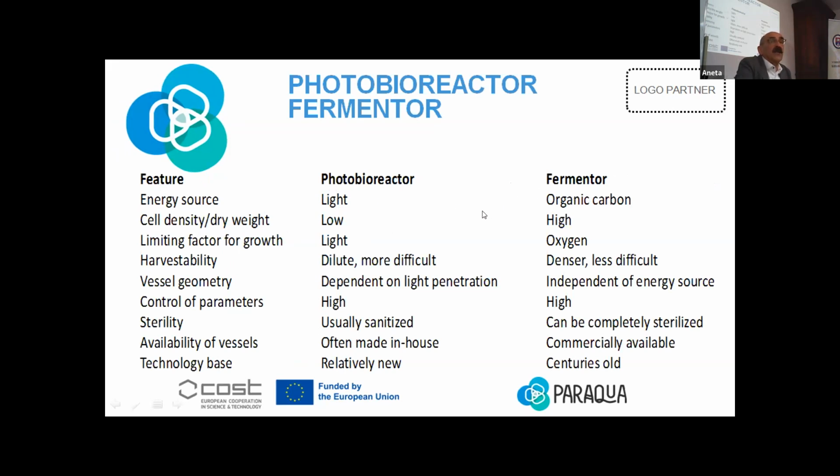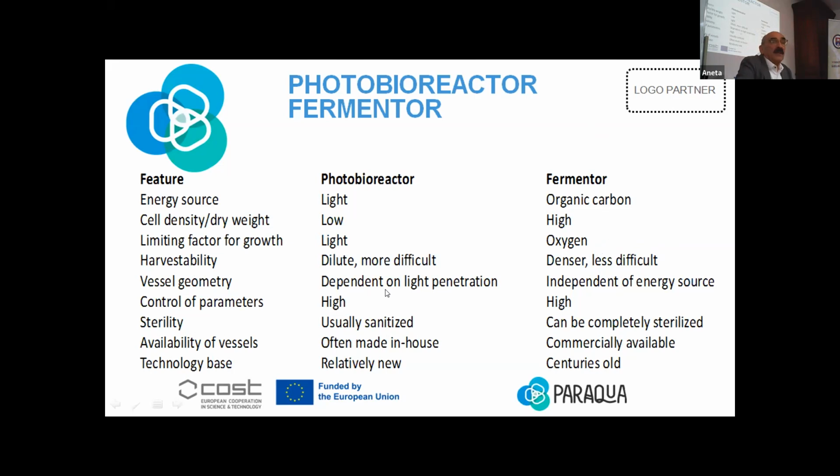Cell density is higher in the fermenter, so productivity per unit of volume is higher in the fermenter than in the photobioreactor. The limiting growth factor is light in the photobioreactor, and oxygen in the fermenter. For harvestability, you have a denser population in the fermenter, and it is less difficult to harvest.